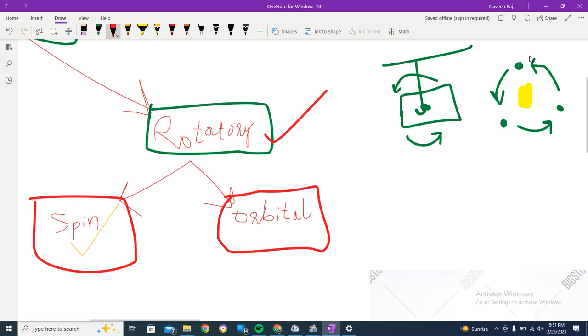If this is the earth and it is doing this sort of motion on its own position, where the position is fixed and just the symmetry is moving in all directions, that is spin. But here the body is displacing its position east, west, north, south. So this is the orbital motion, because the axis of rotation is changing.